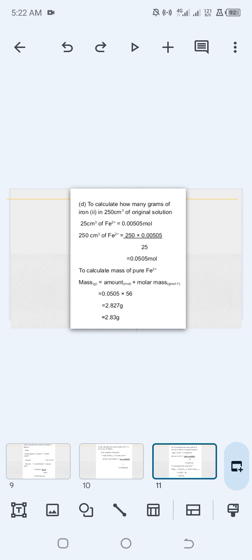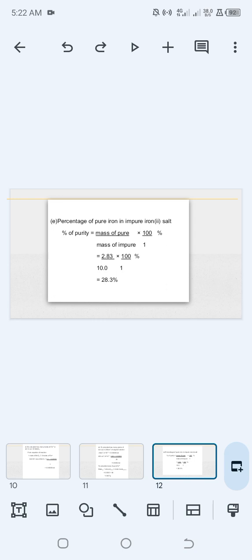That's why we have it as 56. The amount gotten was 0.0505 moles multiplied by 56, which is equal to 2.827 grams. You can approximate it to 2.83 grams. That is the mass in grams in 250 cm³.